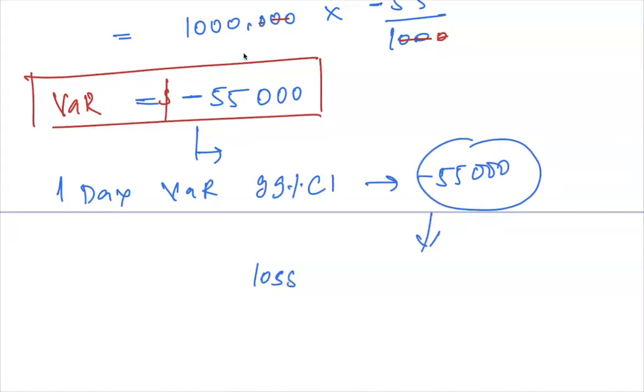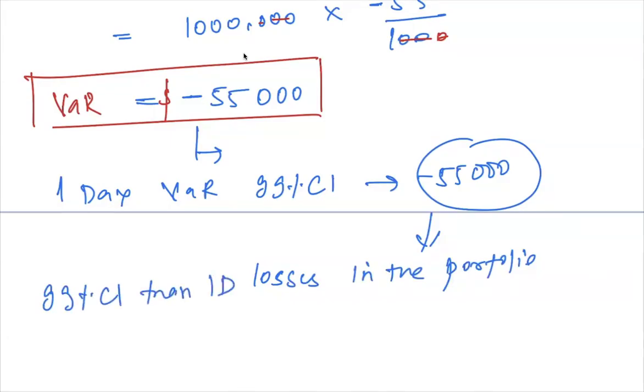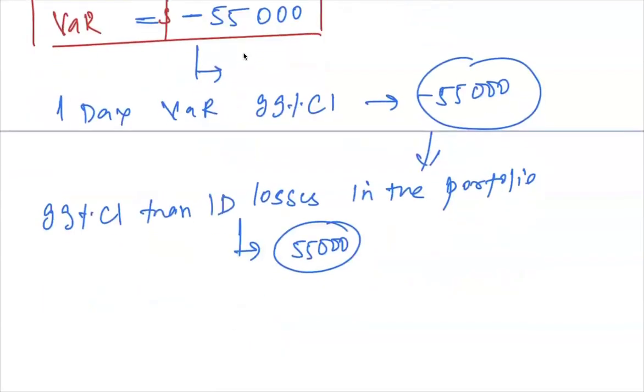It means I'm 99% confident that my 1 day loss in the portfolio will not exceed $55,000, but there's still a 1% chance that the losses can be greater than $55,000.